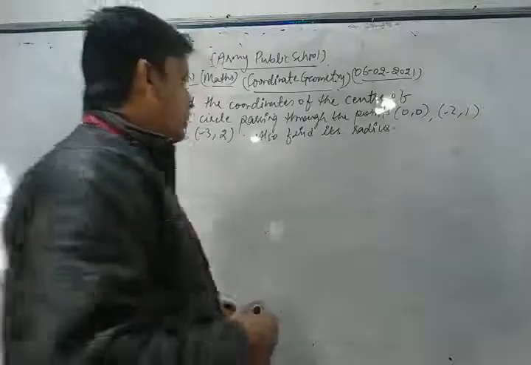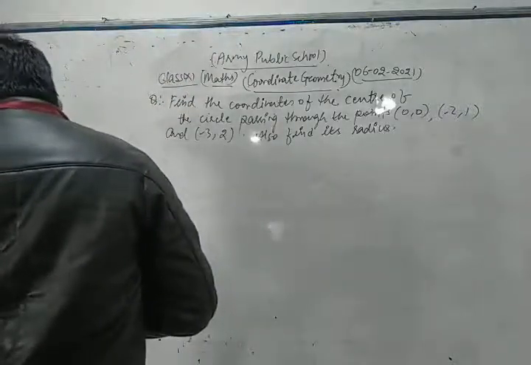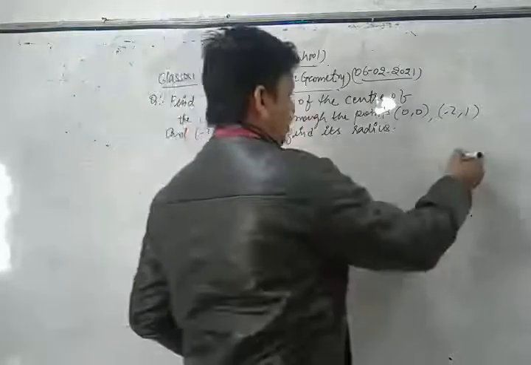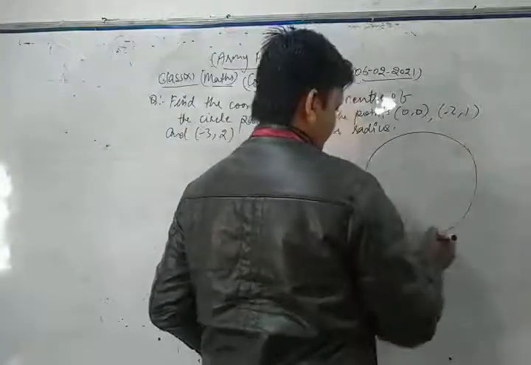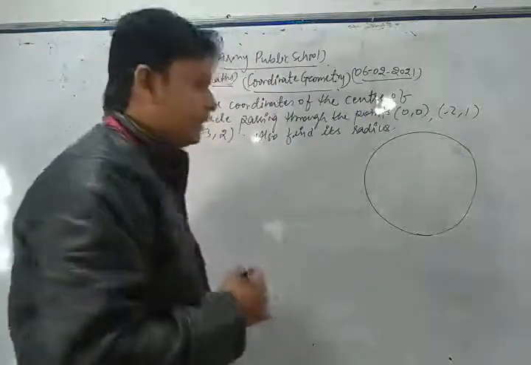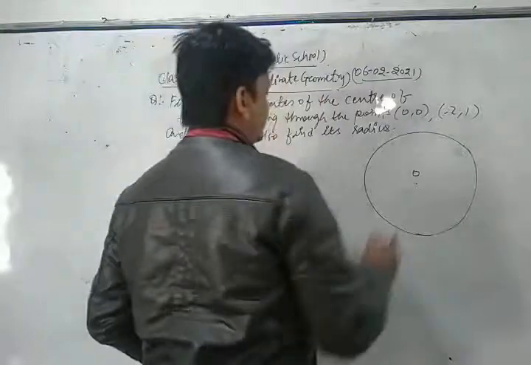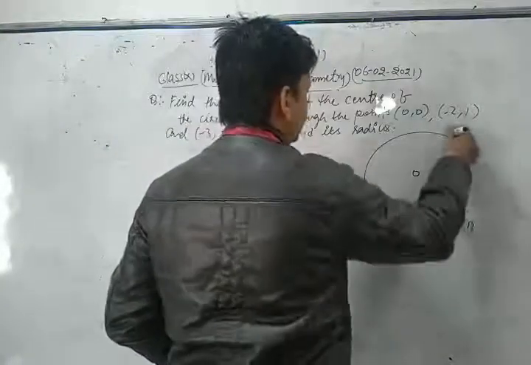So first of all we draw a circle, and in that circle let us take O as its center, and let us take 3 points A, B and C on it.